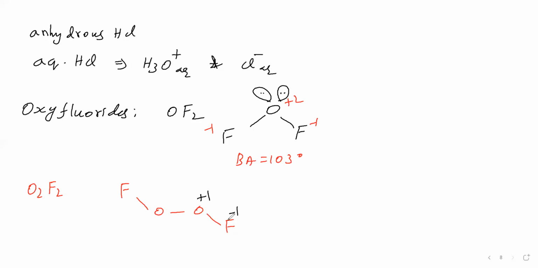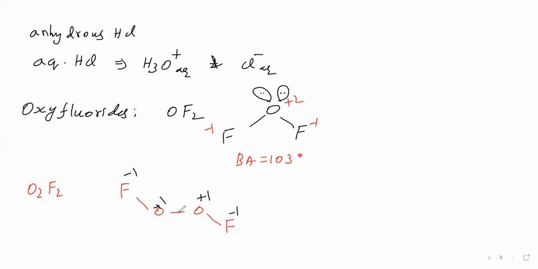This bond is gained by fluorine. That means fluorine gains 1 electron, so it gets -1. So the oxidation number of fluorine in O2F2 is -1, whereas oxygen is +1. This bond we should not shift because both have the same electronegativity. Only this bond is shifted to fluorine, so fluorine gets -1, oxygen +1.